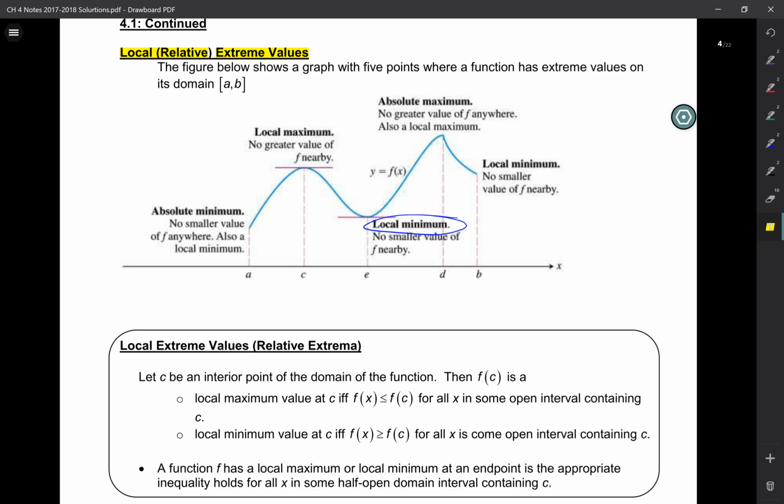Anytime something changes from increasing to decreasing, or decreasing to increasing, in other words, every time you have a peak or a valley, that's where you have a minimum or a maximum, and at those peaks and valleys, f prime is equal to 0. And I need you to know that like you know your name. Every time you have a peak, every time you have a valley, this is where f prime of c is equal to 0. Okay?